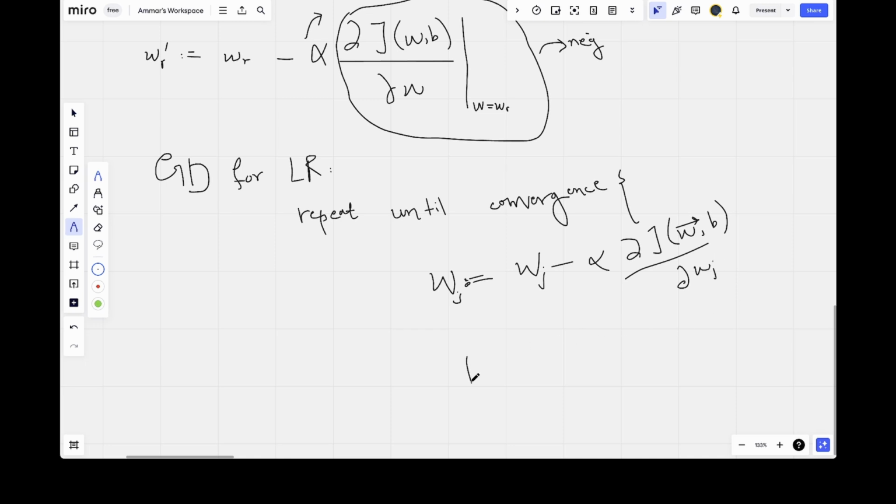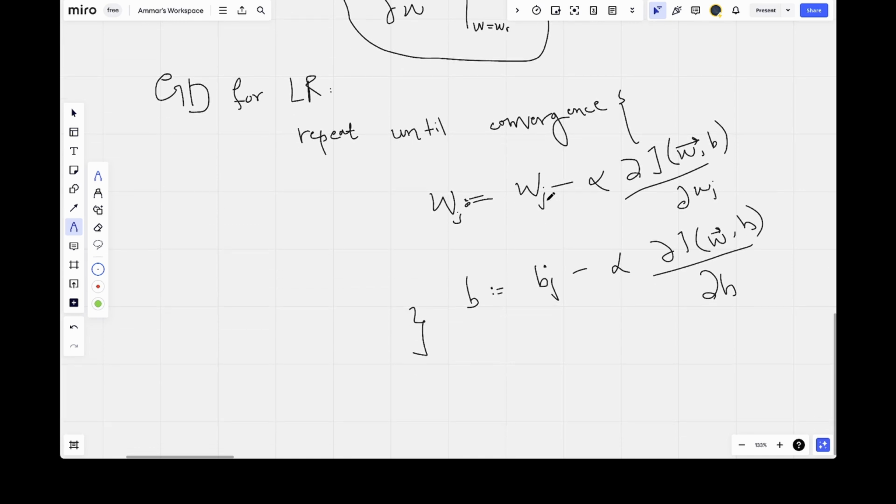You also want to update the value of b simultaneously, with respect to b. So this whole thing is our gradient descent. That's what gradient descent is. It's very simple, but very effective.